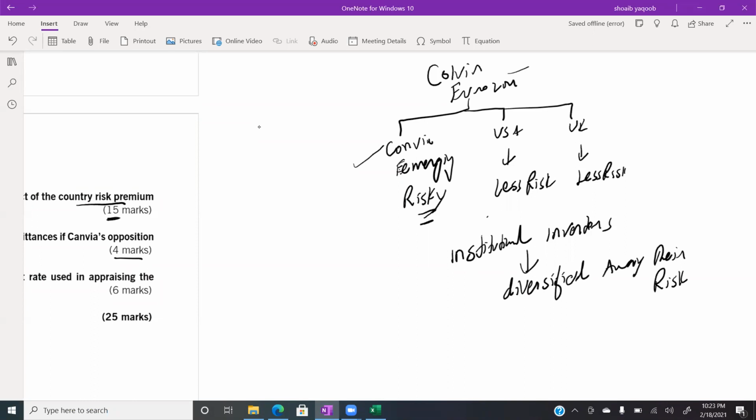So if the Convia company owners are institutional shareholders, they have already invested in many companies across many countries. So they will not bother about the country risk premium because they have already diversified their risk away by investing in many companies across the globe, because institutional investors normally invest in many companies relating to many countries.